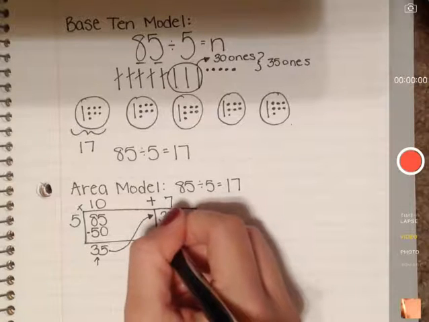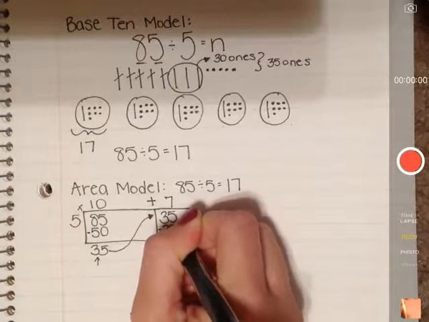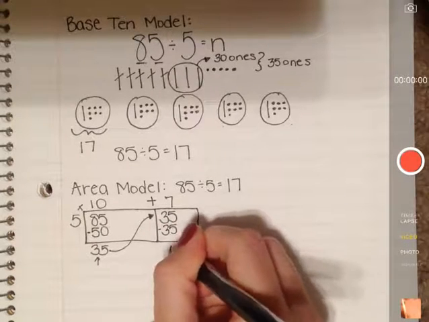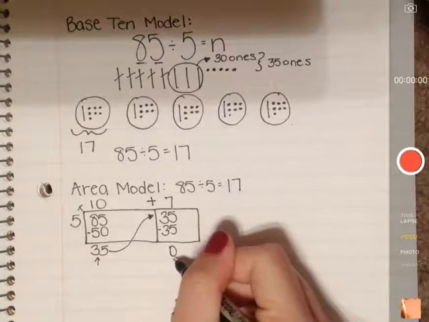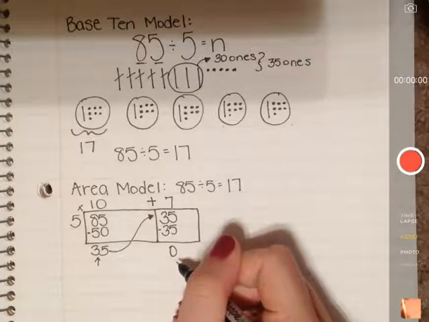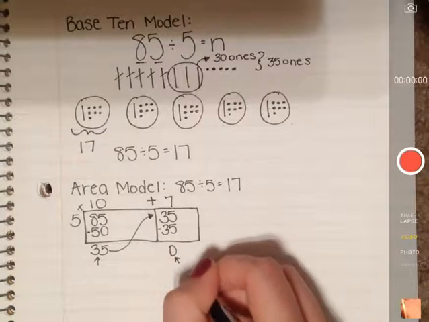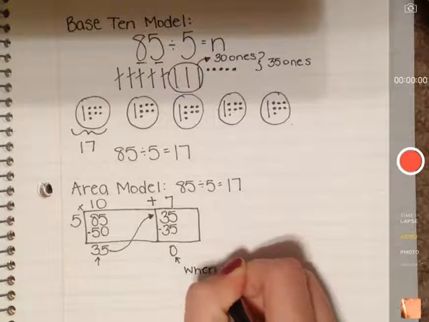So I can subtract away those 35 pieces that I have now distributed. When I do that, I get 0 pieces left over. It's always our goal here to get 0 pieces left over. When you get a 0, that tells you that all the pieces have been distributed.